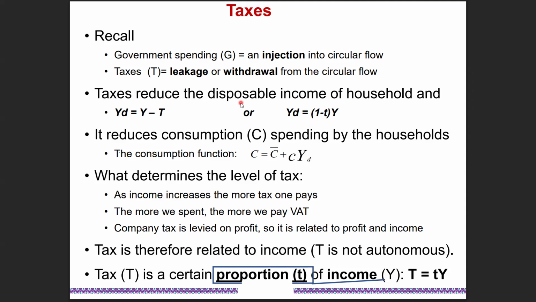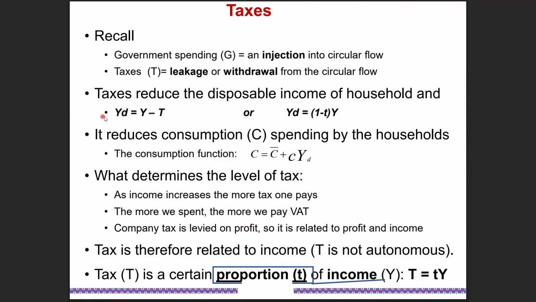So disposable income is the money that you have after taxation, the money that you have control over, right? So taxes will reduce your disposable income because if you're to get your disposable income, which is YD, you say income minus taxation. So if your taxes increase, your disposable income will decrease as well.